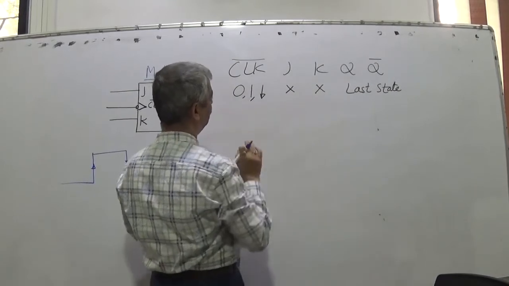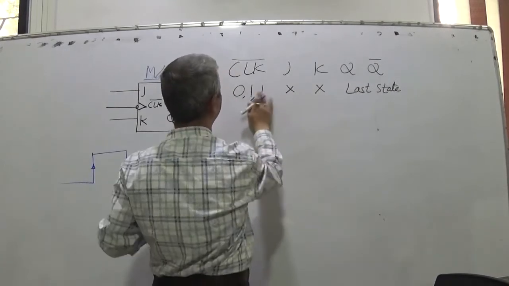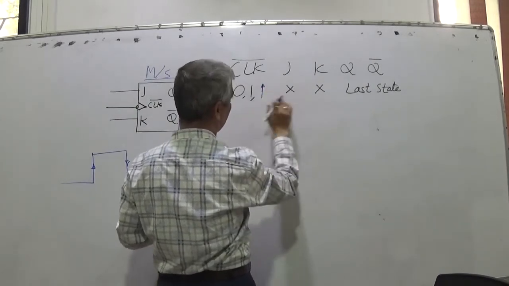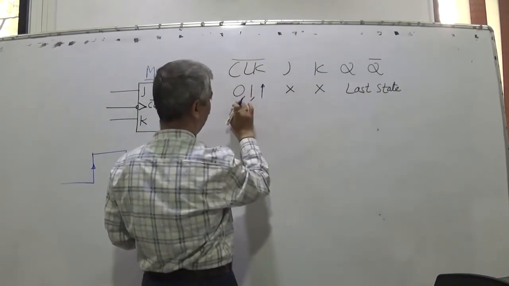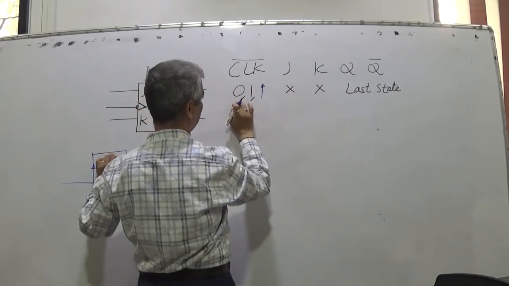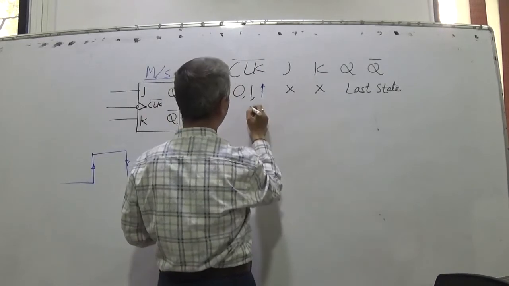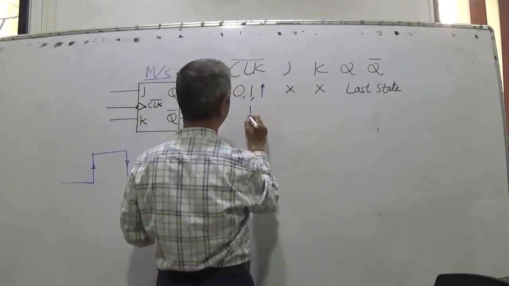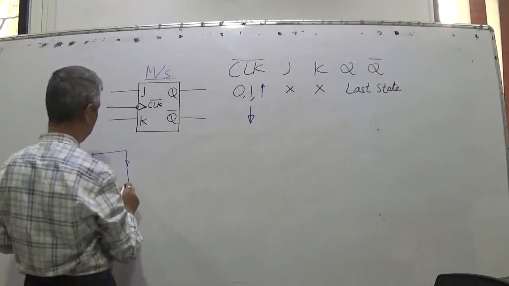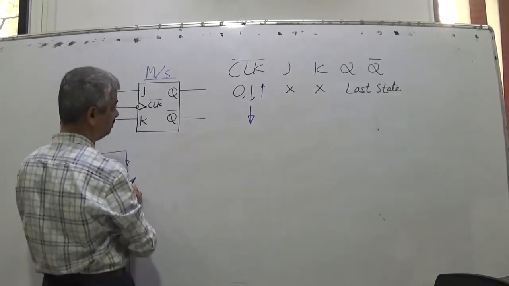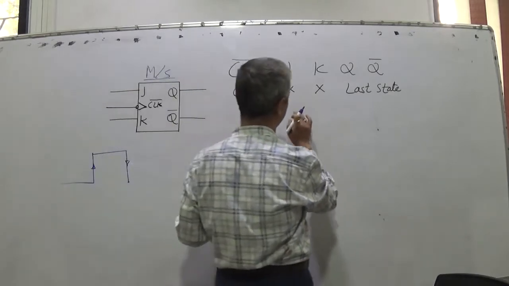So changes don't take place at other times. When clock is 0, outputs are not changing. When clock is 1, outputs are not changing. When clock is going up, outputs are not changing. When clock is going down, at that time the output change is reflected here.